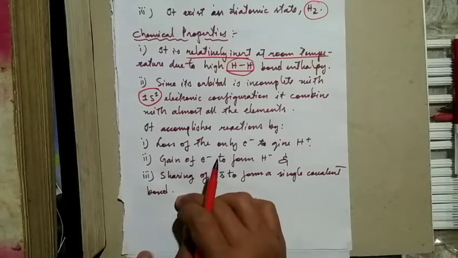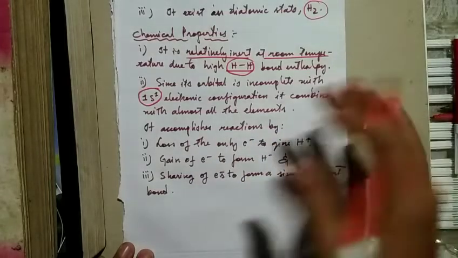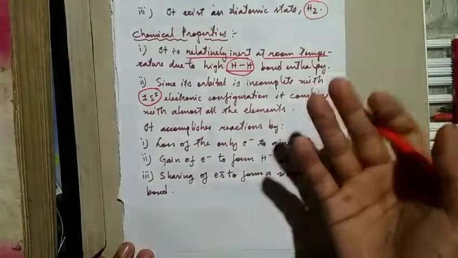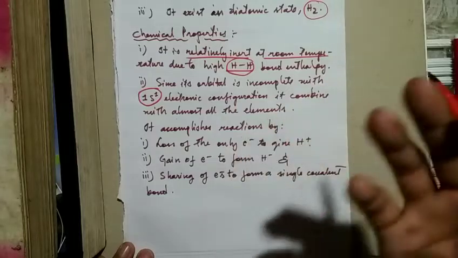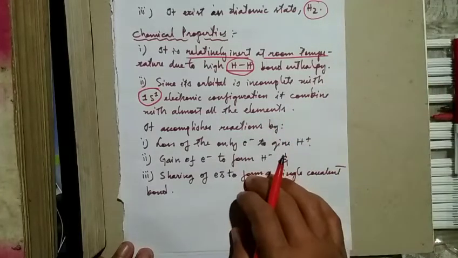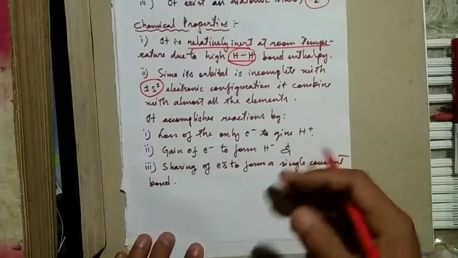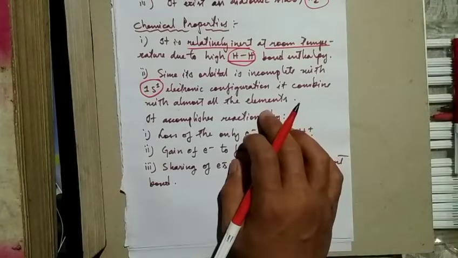So it can either lose, gain, or share electrons to form bonds and combine with other elements.